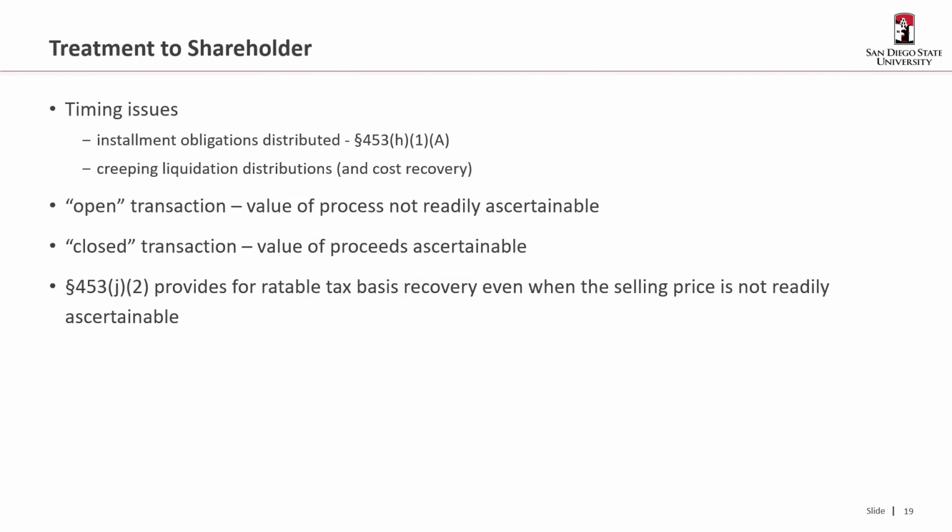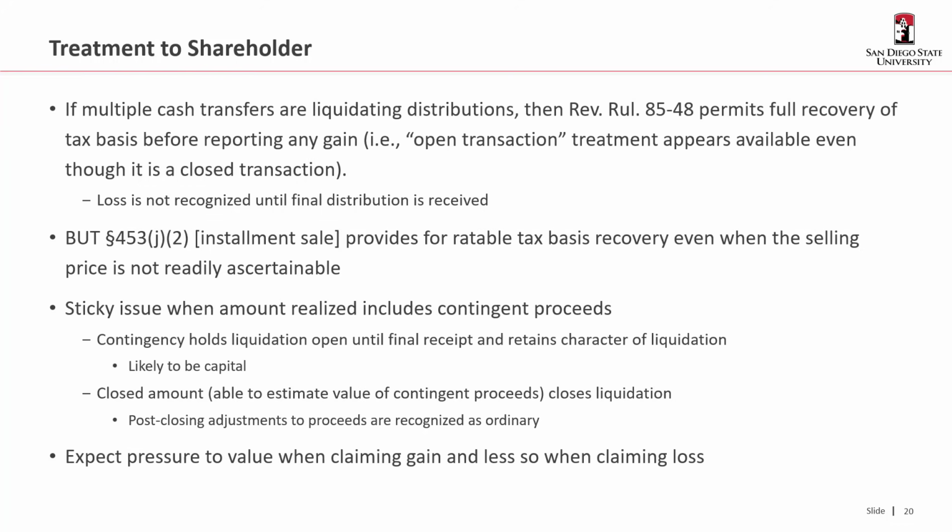Whereas under installment sale treatment, you recover it ratably as you receive the consideration or the proceeds. If multiple cash transfers are occurring in the liquidating distribution, amazingly there's a revenue ruling that says you get full recovery of basis before reporting any gain. Think of that as receiving open transaction treatment, even though really it's a closed transaction.